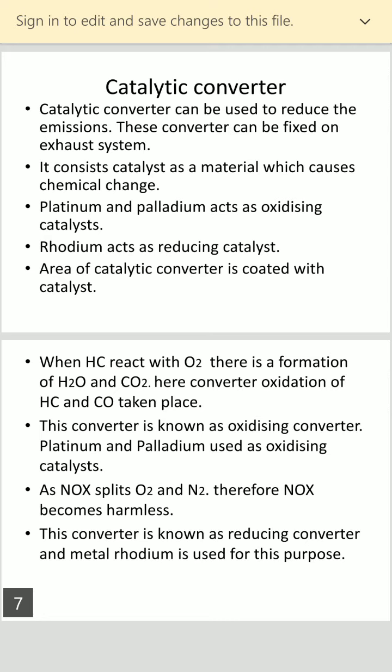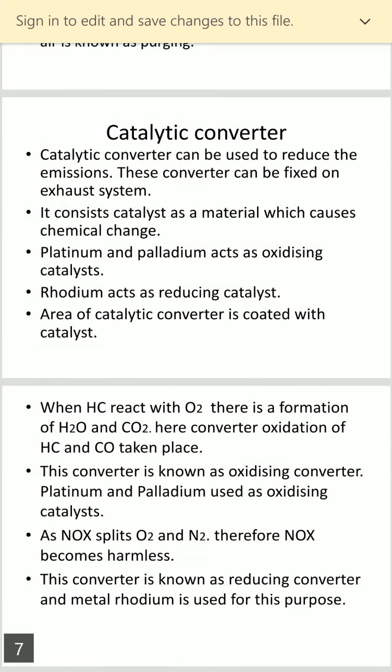It consists mainly of a catalyst. Once we use the catalyst, a chemical reaction, a chemical change, takes place. Here platinum and palladium act as the oxidizing agent and rhodium as the reducing agent. The area of the catalytic converter is coated with the catalyst.